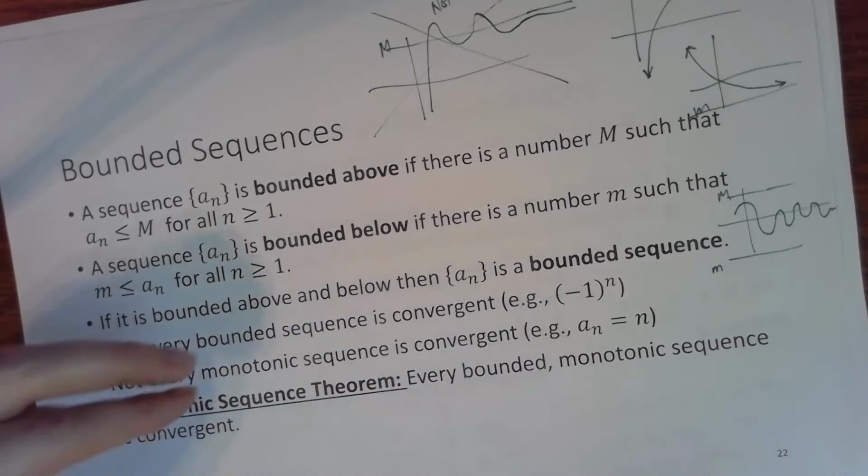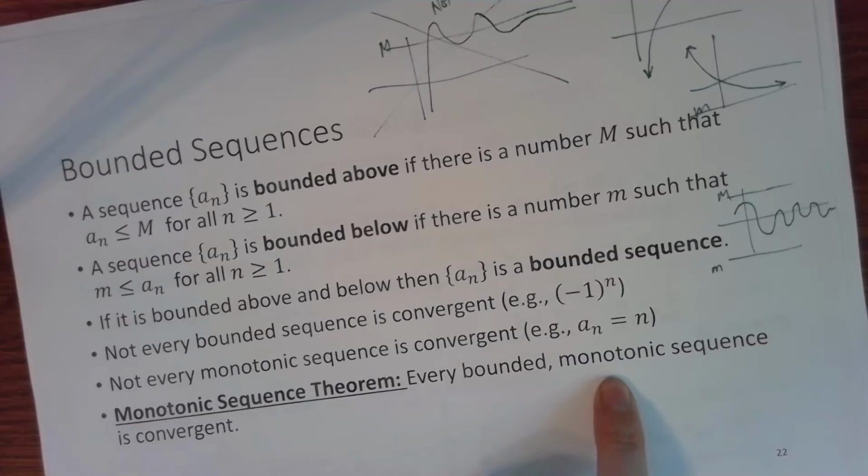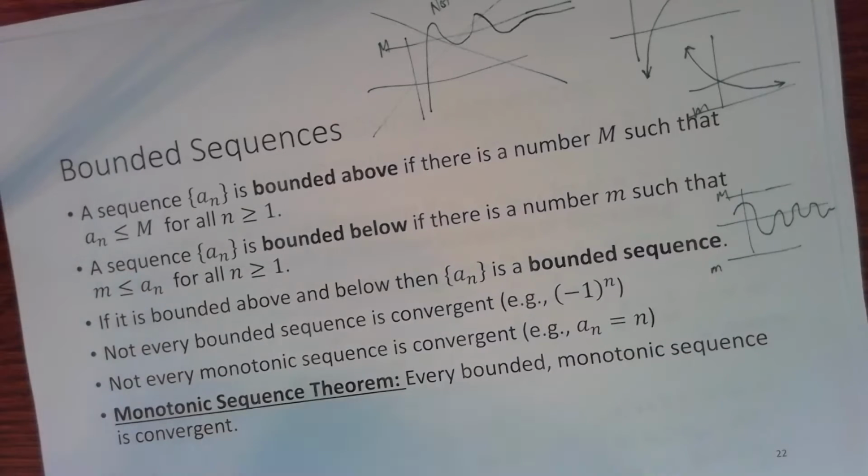But if you put these two things together, if we have a sequence that's both bounded and monotonic, then it will be convergent. Individually, they don't tell us anything, but putting them both together is very powerful. This is called the monotonic sequence theorem.